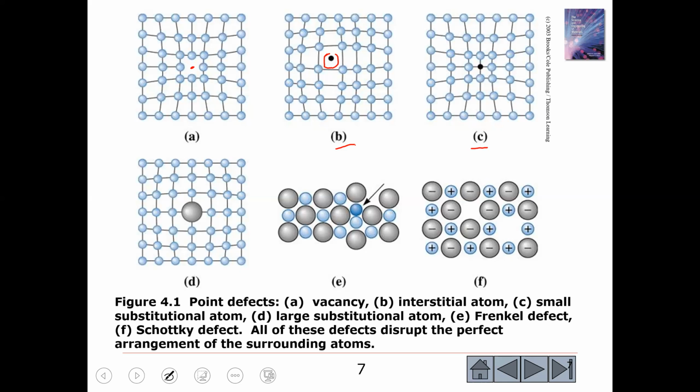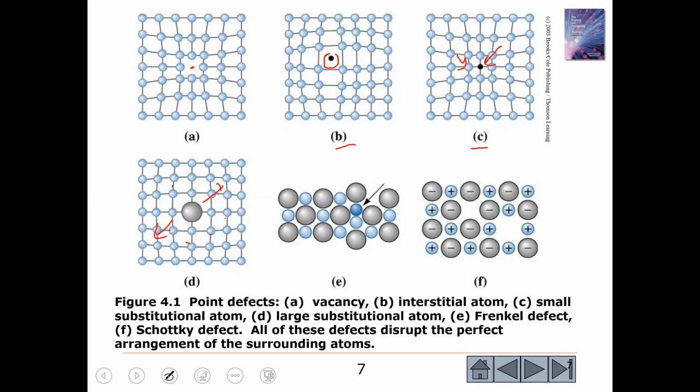It has replaced a blue atom, but because this gray atom is bigger in size, it has pushed the surrounding atoms outward. In C, this black atom is smaller in size, so the surrounding atoms are pushing inwards in this direction. Whereas here, the surrounding atoms have been pushed in the outer direction.